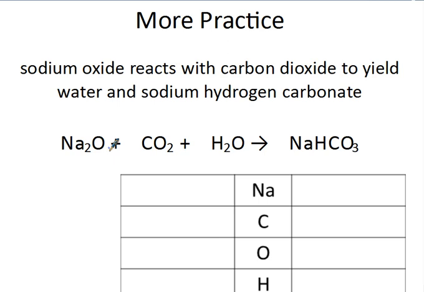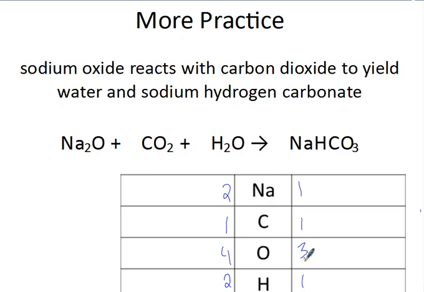On my left, I've got 2 sodiums. I have one carbon, and 1, 2, 3, 4 oxygens, and only 2 hydrogens. Whereas on my right, I have 1 sodium, one hydrogen, 1 carbon, and 3 oxygens.